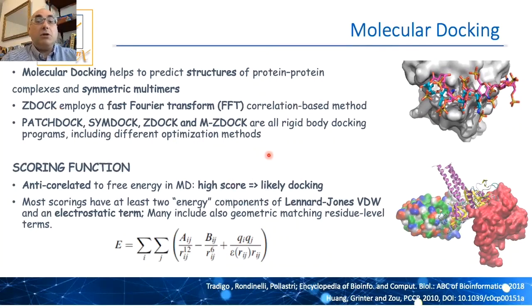So what does it mean, a good program? Well, we have to be able to run it quickly and efficiently on relatively large systems. Typical molecular docking programs have been developed to find the best docking poses, the relative positions, of relatively small drug molecules with respect to a big protein.